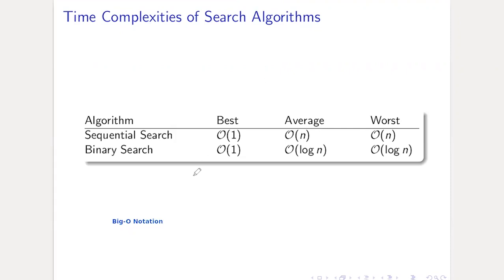And when you consider binary search, the best case obviously is when you check in the middle the first time and you find it. So that is obviously one. Otherwise, if you consider the worst case, you will be dividing the list by half every time. The number of times you can divide that is given by log n. So if you have, say, a 16 item list, you can divide that first to 8, then to 4, then to 2, like that.